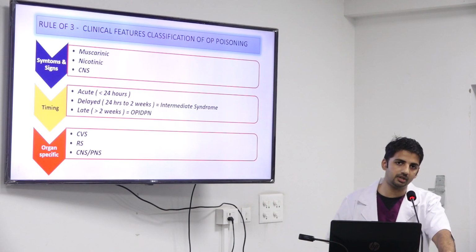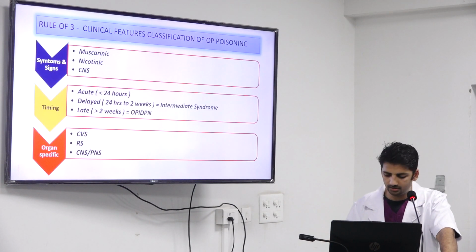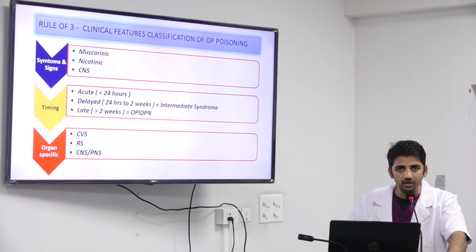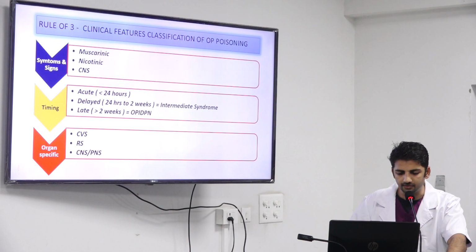If the patient presents with features of nicotinic or muscarinic symptoms after 2 weeks, it is late OP poisoning. Based on the organs, it can be classified into predominant cardiovascular manifestations, respiratory manifestations, or central nervous system and peripheral nervous system manifestations. So this is the rule of 3, dividing the clinical features based on symptoms, timing, and organs.